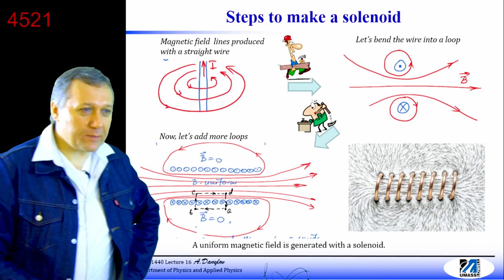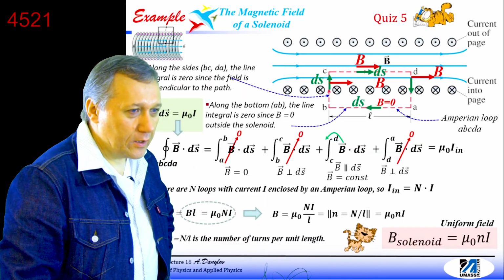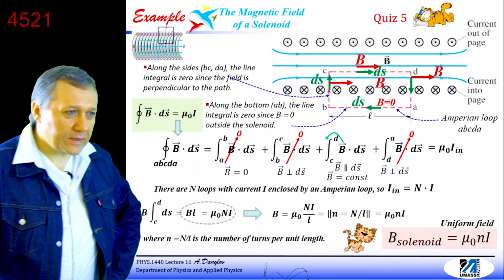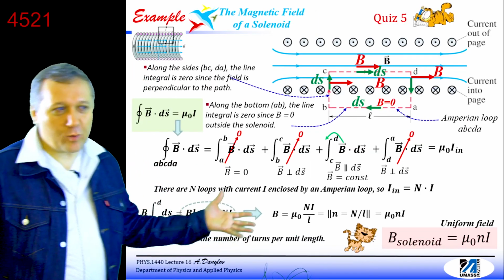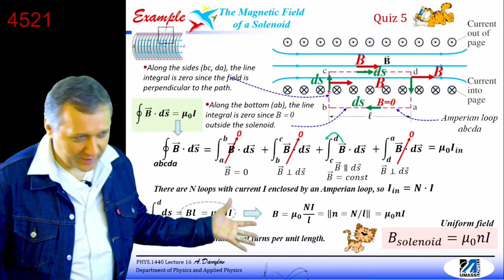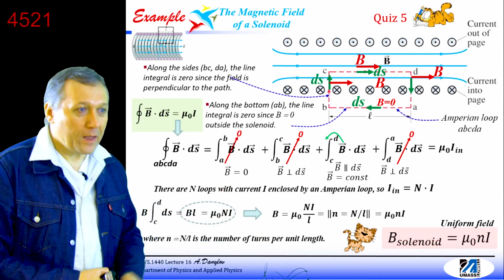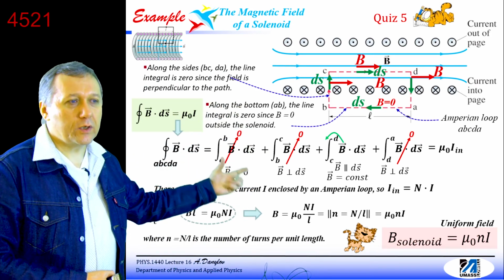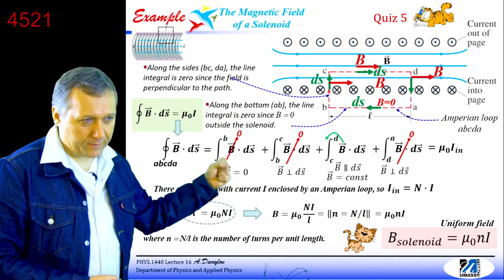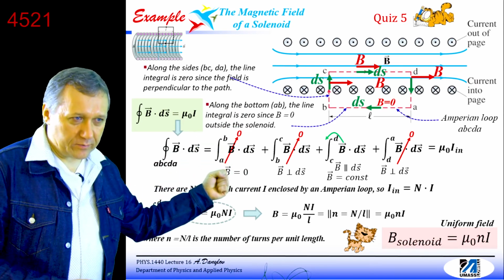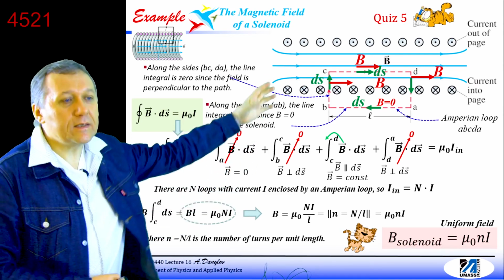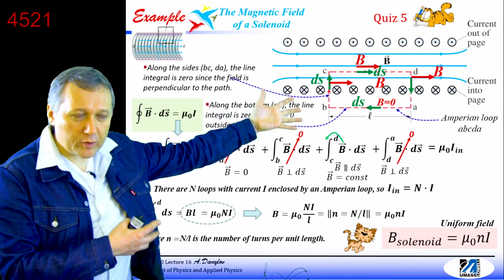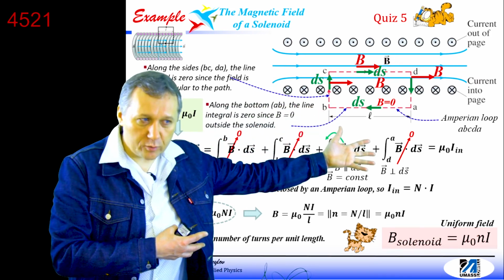And now the next step will be your quiz number 5. Usually I give this as a take-home quiz, but in this semester all quizzes are take-home quizzes, right? At the very beginning I used this slide to derive an expression for the magnetic field inside of the solenoid, because now we know that it is uniform.